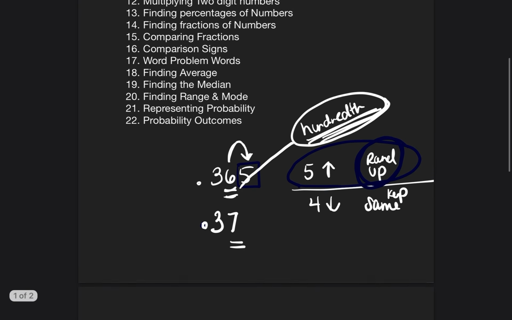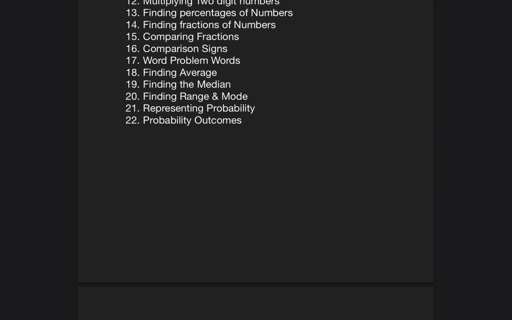So I'm going to give you another example to see if we can remember what we just learned. So if I have 0.45 and I want you to round to the nearest tenth. So the 4 is in the tenths place, so I'm going to underline the 4. I'm going to make an arrow to the next number on the right side. If it's 5 and above, I'm going to round 4 up.